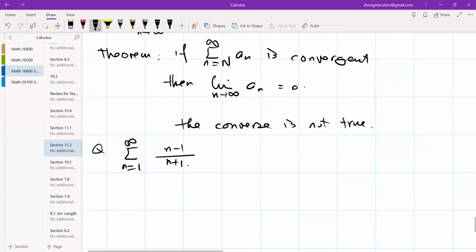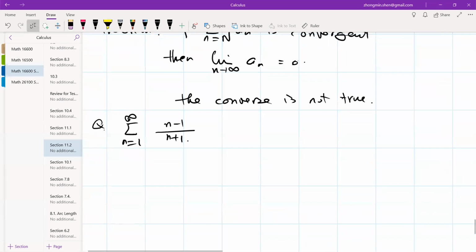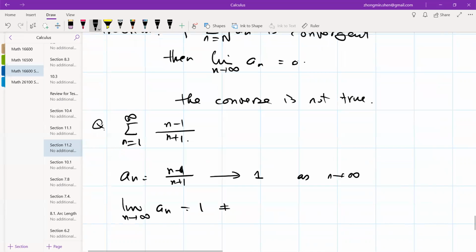this series, okay? The nth term is going to be n minus 1 over n plus 1. And this clearly approaches 1 as n approaches infinity, right? So that means it is 1, but not going to be 0. It's not going to be 0, therefore the series is divergent.